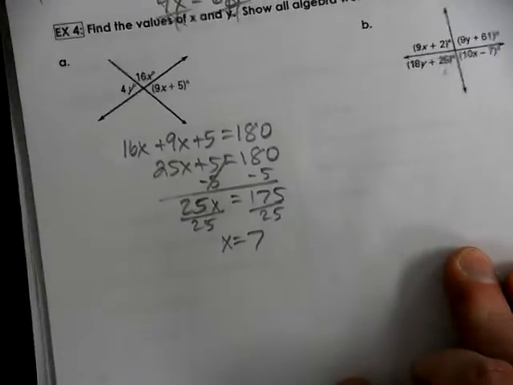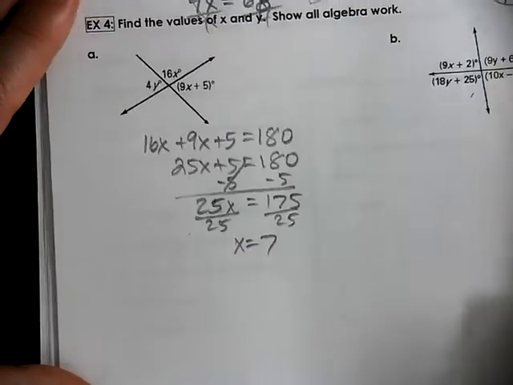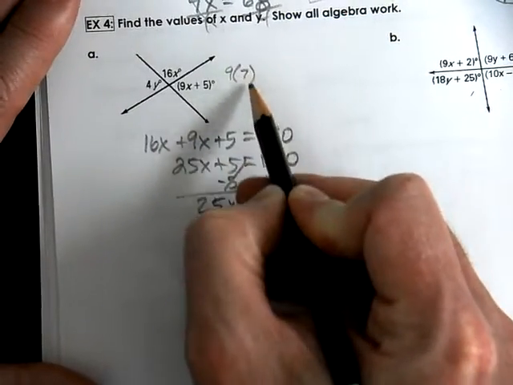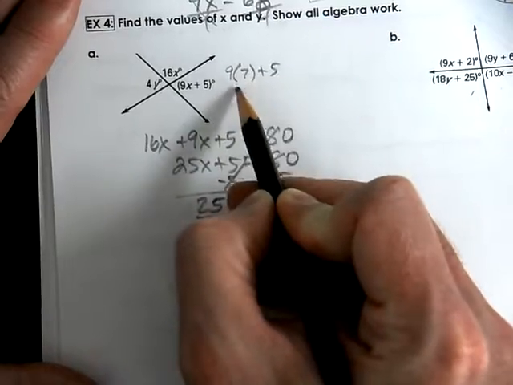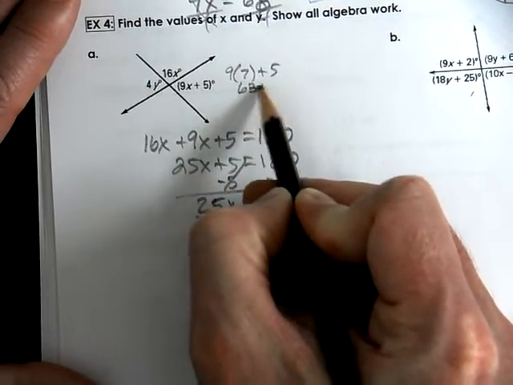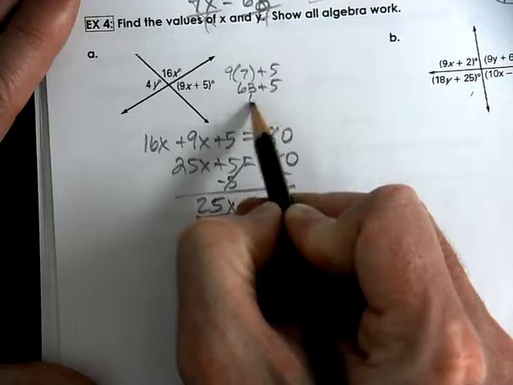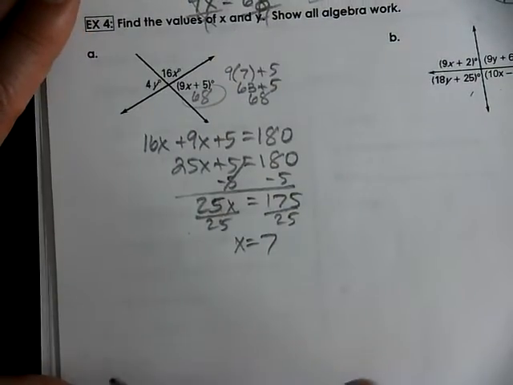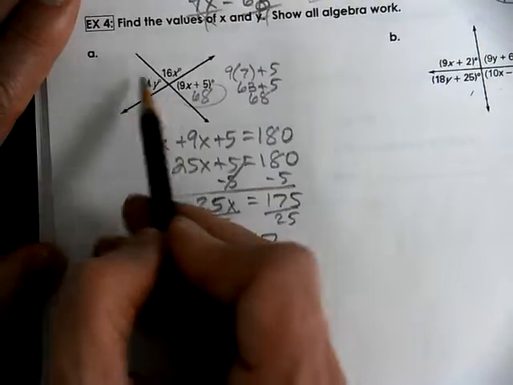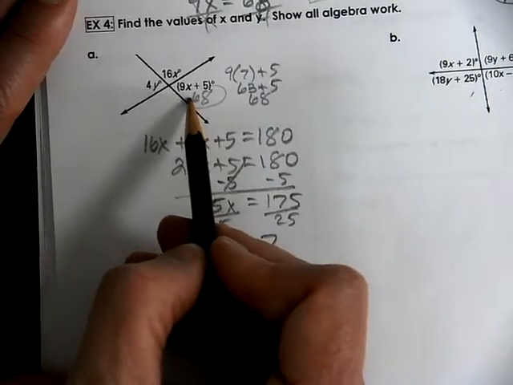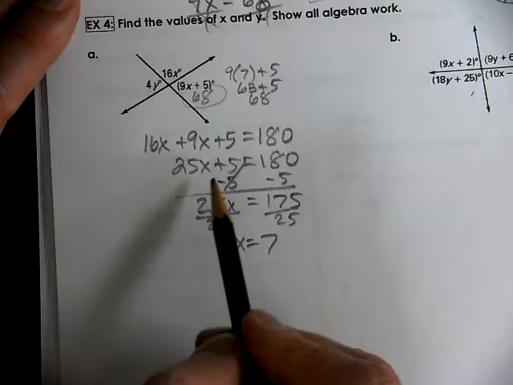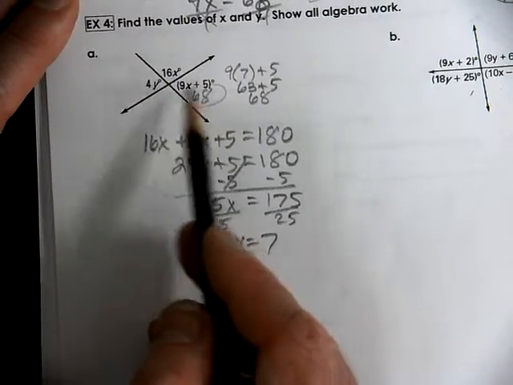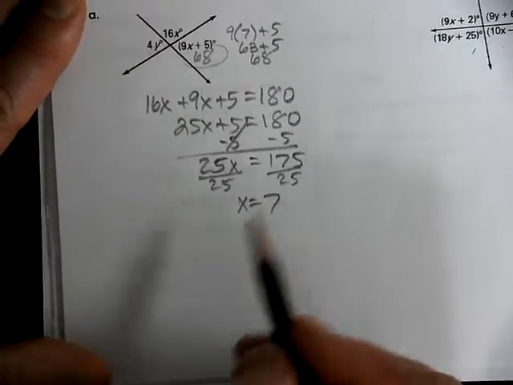Well, if x was 7, we can come in here and say 9 times 7 plus 5. That is 63 plus 5. This is going to be 68 degrees. So now we know what the 4y is supposed to equal. See how we did that? We figured out our x because we worked with the angles with x's. Then we're going to set the y's equal to each other.